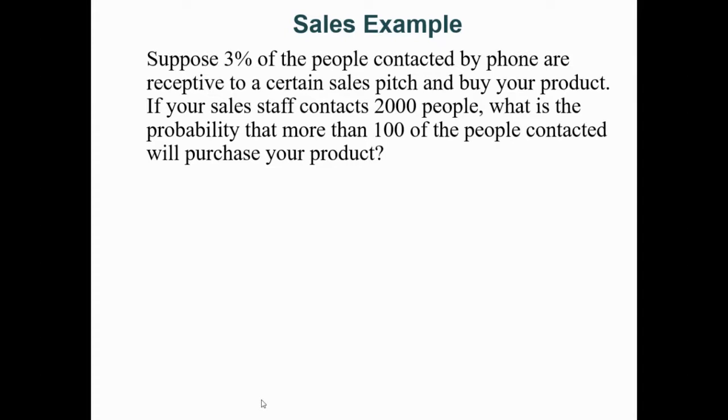What do we have to check for first? Normality. What would my N be in this case? 2,000. What's my P? 0.03.